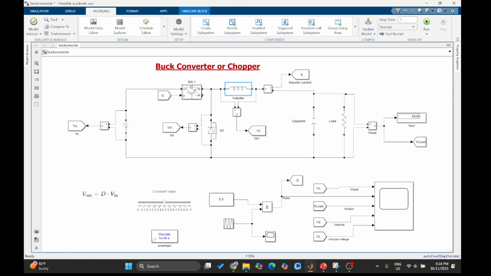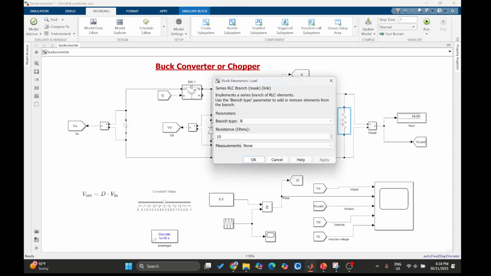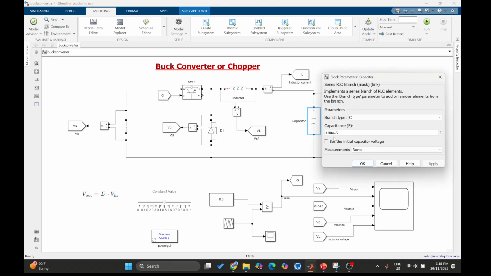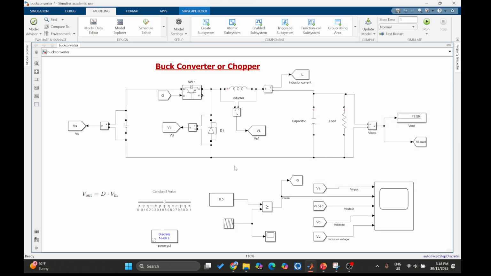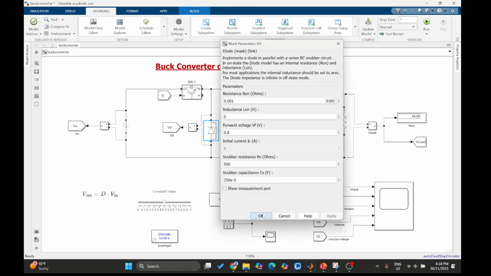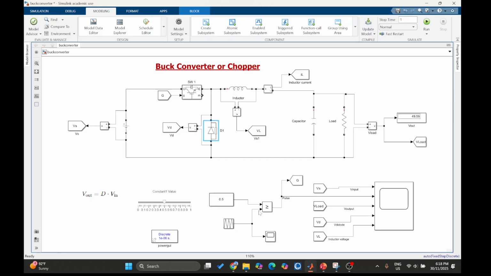Then it is connected in series to the load, simply a purely resistive load of 10 ohm. A capacitor of 100 microfarad is connected in parallel with the load, and you have a diode connected in parallel to the load. This acts as a freewheeling diode, and these are the values here.